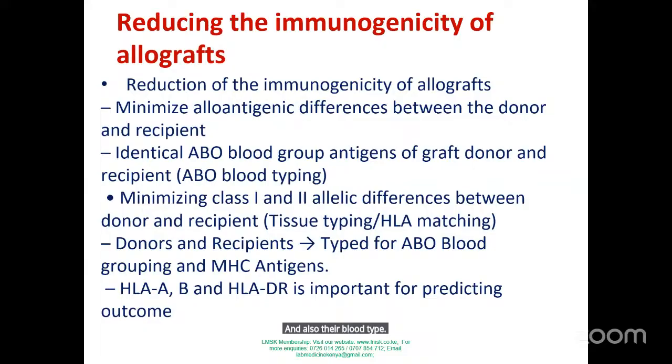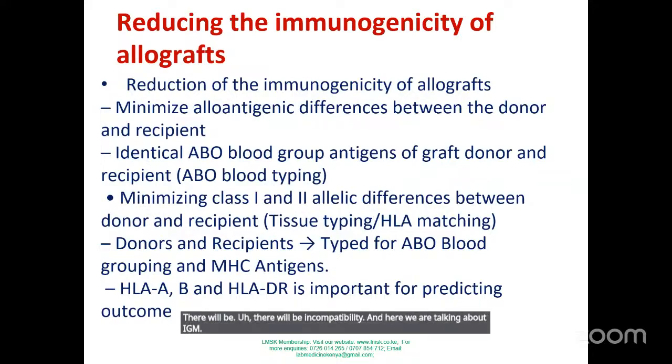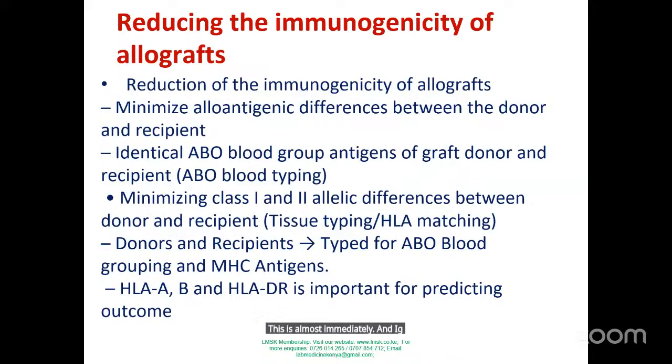Because remember, if you take a graft from, let's say, type A and give it to type B, there will be incompatibility. Here we are talking about IgM, and this is almost immediate. IgM is a very good complement activator. It activates complement very fast, even compared to the IgG mechanism.